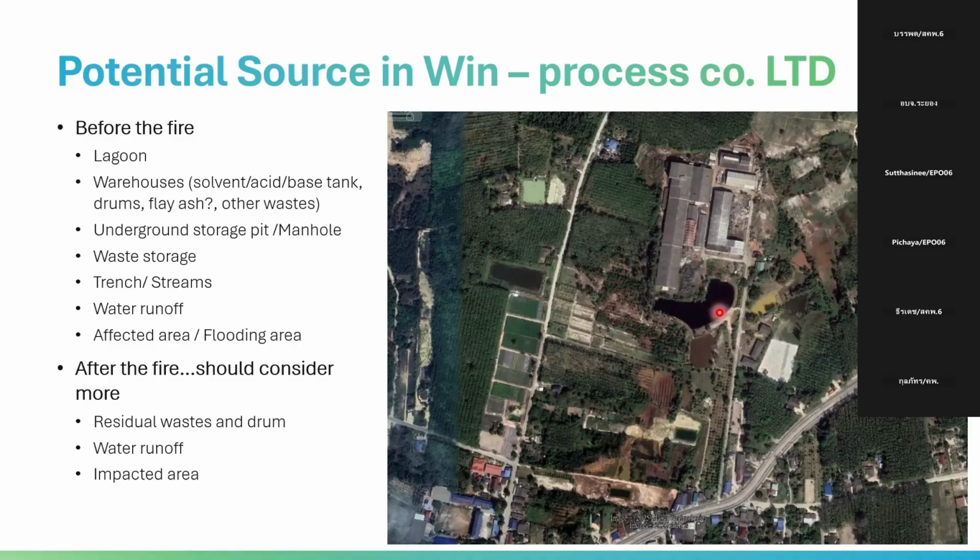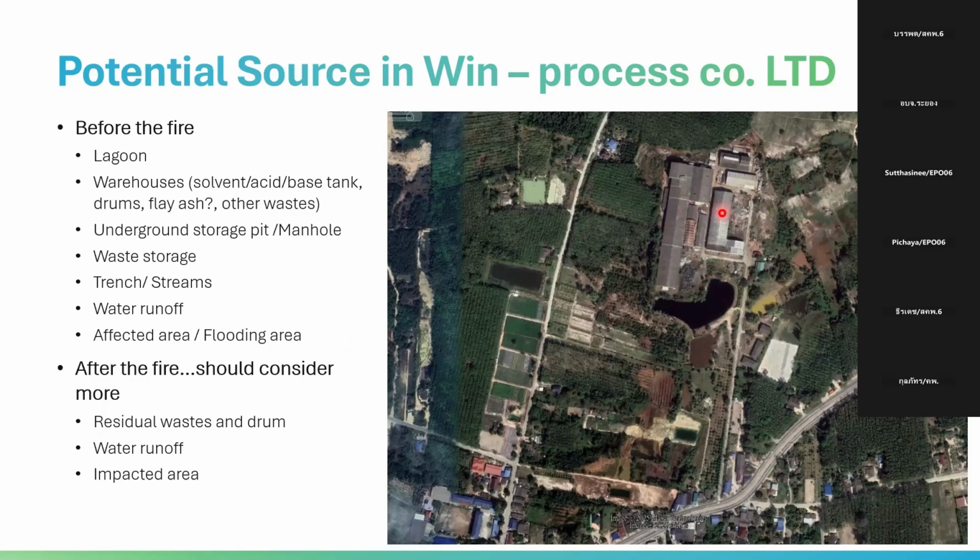But after the fire, you should consider more. For example, you should take samples at the residual waste and the drums, and of course the runoff and the impact area, and remember the air pollution, because it's totally different.